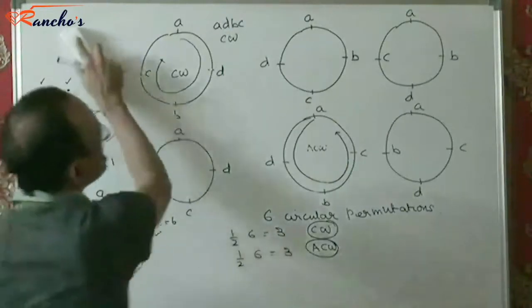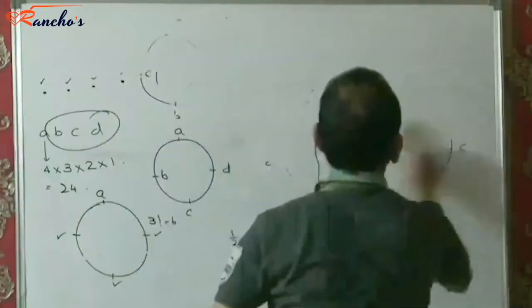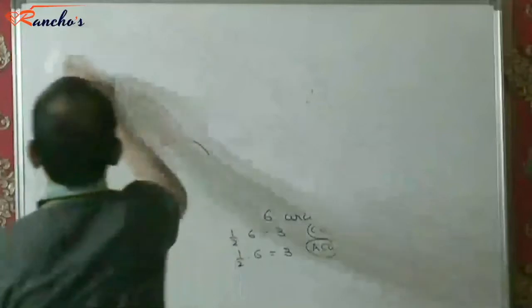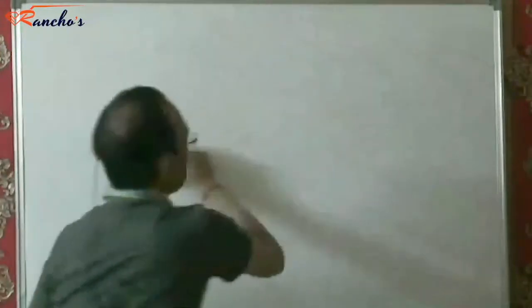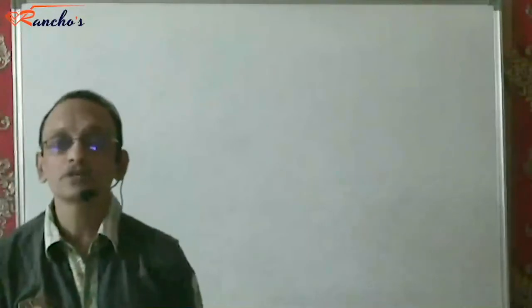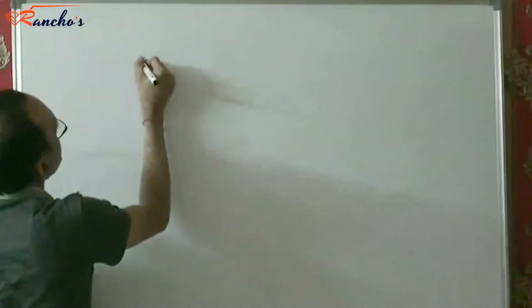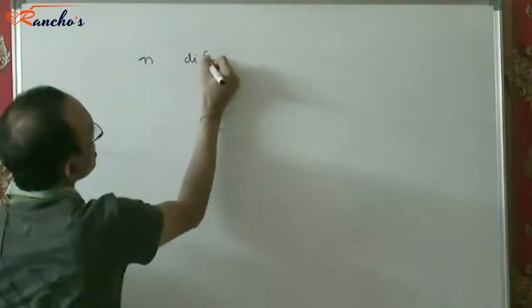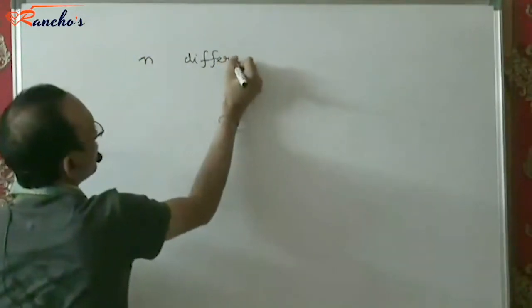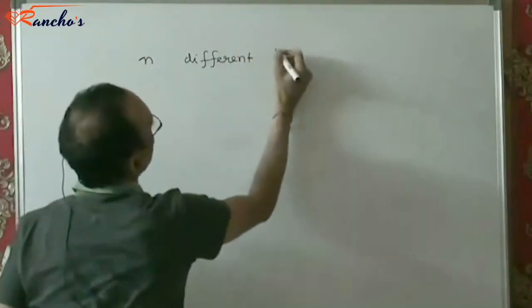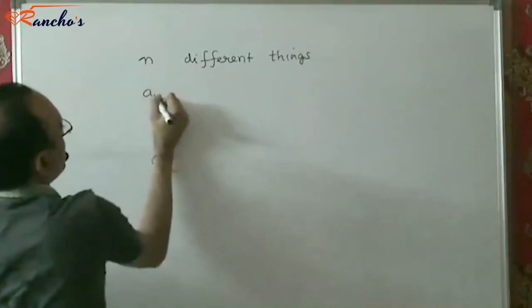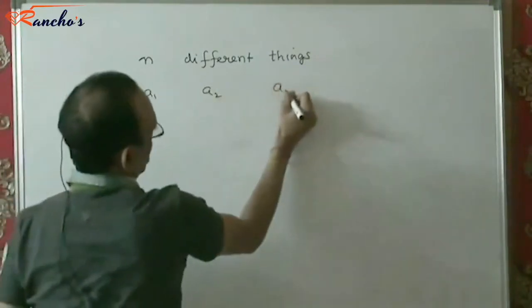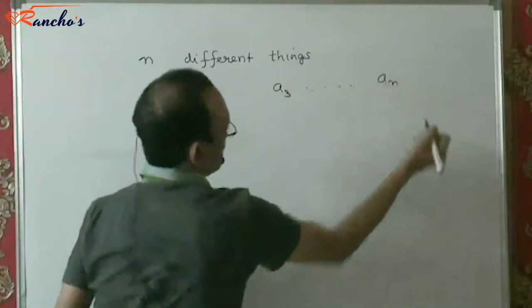Now, having said this, what you must also understand is that suppose I had n different things. I'll only generalize matters here. N different things, say A1, A2, A3, AN were n different things.